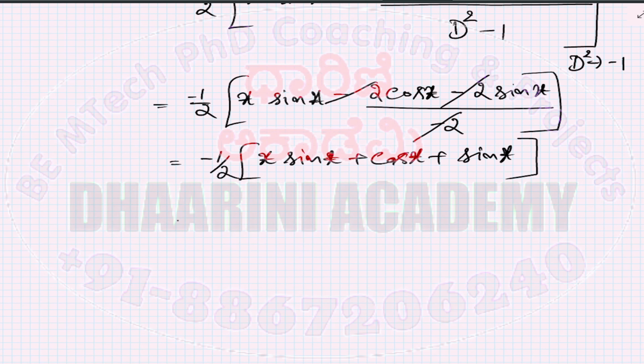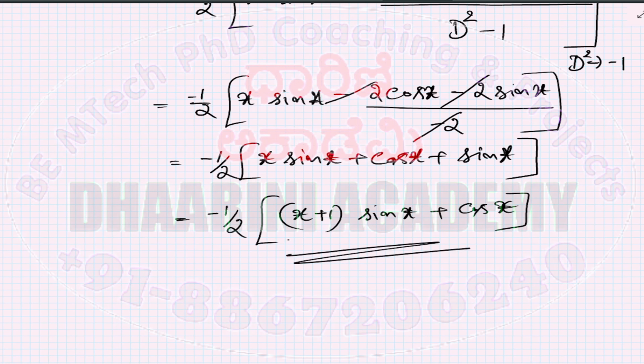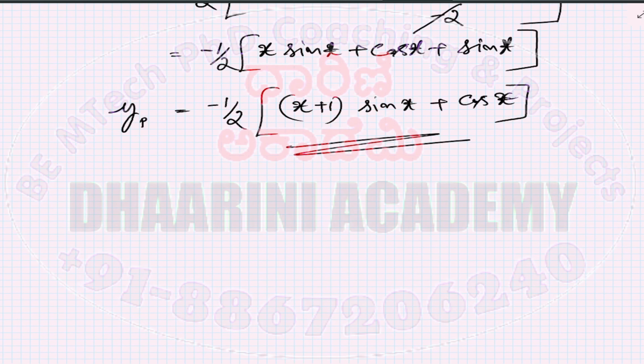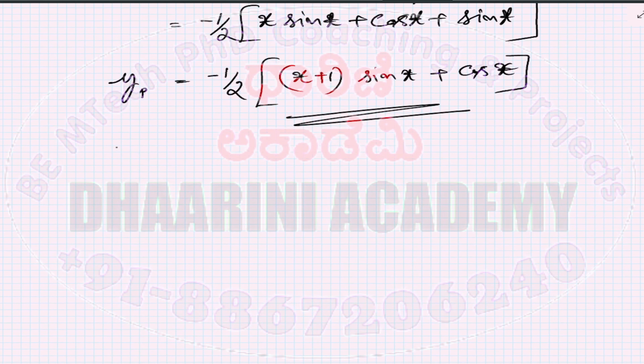Okay, that can be further reduced into this format. So I'll take sin x outside, so that becomes x plus 1 into sin x plus cos x. All right, so this is the YP. So we already have the YC with us. Therefore, we write the final answer. Y is equal to YC plus YP.